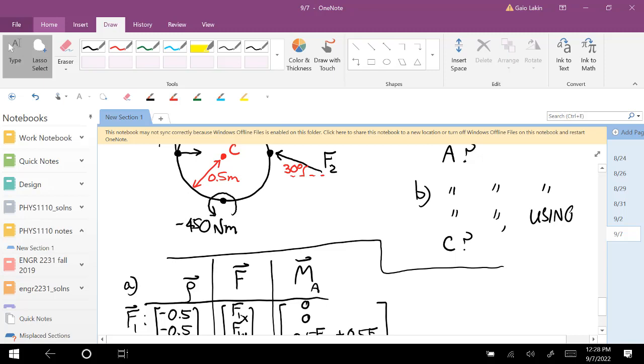Not so much a question or confusion, but why would you write a negative moment with the counterclockwise? Yeah, it's sort of the same thing as drawing vector components, because this is the positive Z moment. That's why.